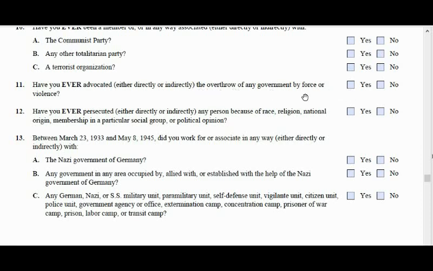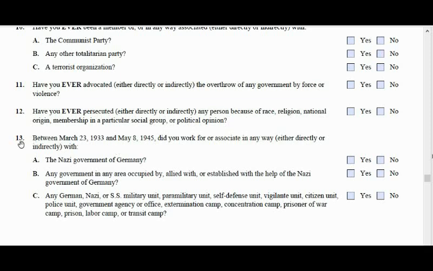If you've thought about something like that, or you pushed somebody to do something like that, to overthrow any government by force or violence, then check yes. If it's not, check no. Have you ever persecuted, either directly or indirectly, any person because of race, religion, national origin, membership in a particular social group or political opinion? If you ever persecuted somebody like that, you check yes. No, if it's not the case.